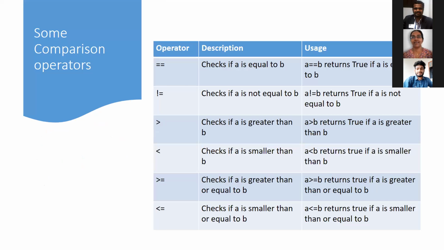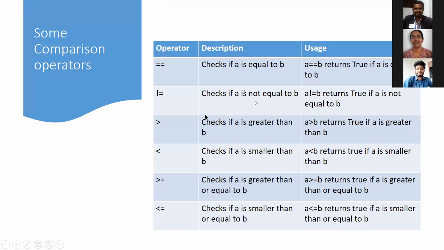You can quickly have a look at these. So double equal to will check if A is equal to B, and returns true if A is equal to B. And then the next operator is not equal to, exclamation mark equal to.